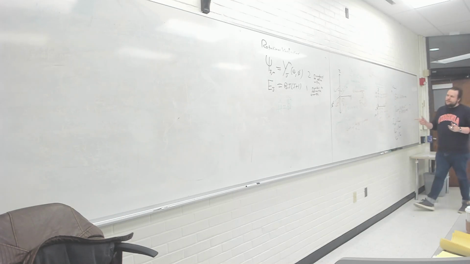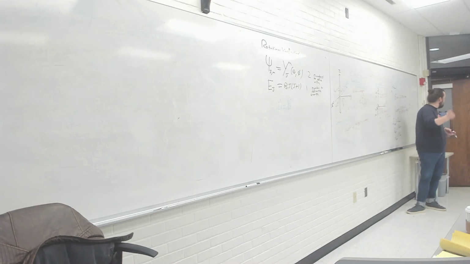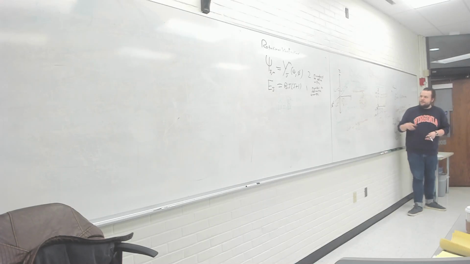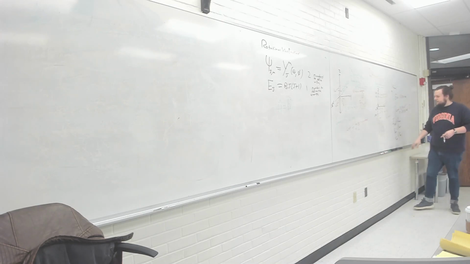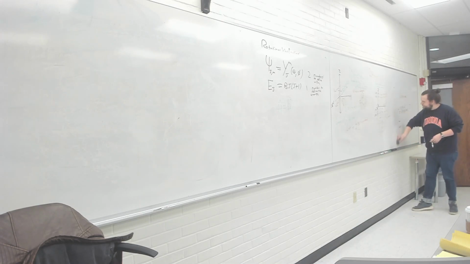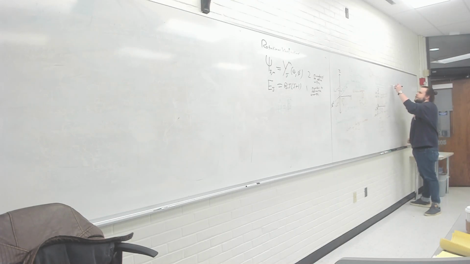That's really interesting, because that means that not only can it have specific rotation speeds, the angular momentum, which is the length of the vector, it can only be oriented in specific orientations as well. So the length, the magnitude of L is equal to h bar square root of j times j plus 1, where j is 0, 1, 2, and so on.